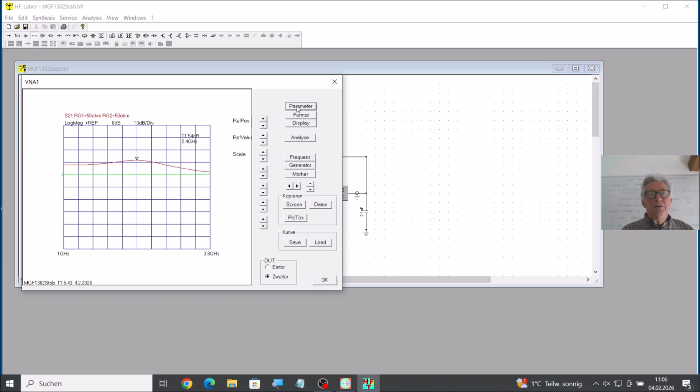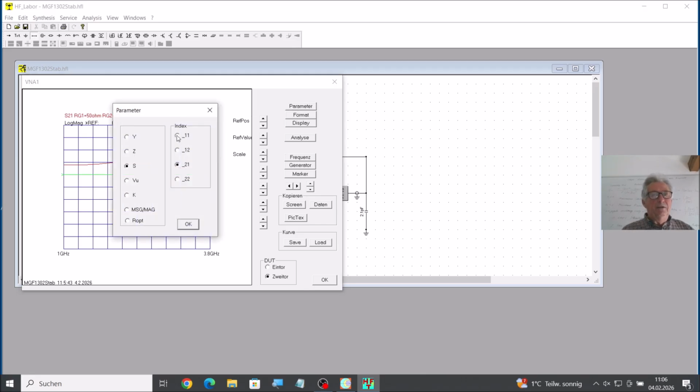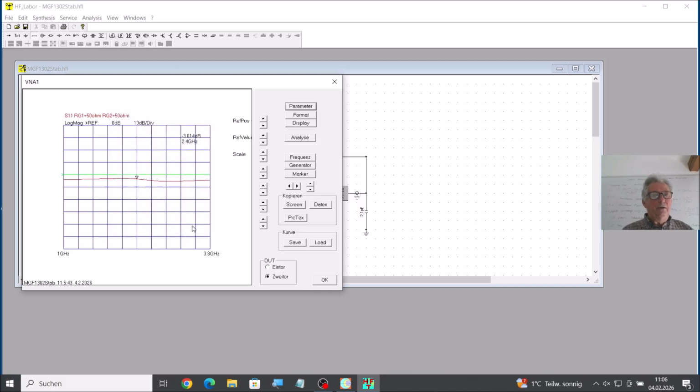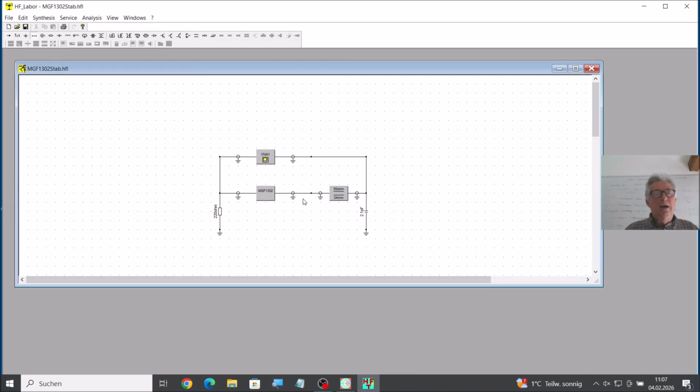Of course, this is due to the point that S21 is still not matched in our circuit. So in the next step, we would have to match also S21. And of course, as I already told you, the match of S21 will again have an influence on the output matching. So we have to perform this in several steps.